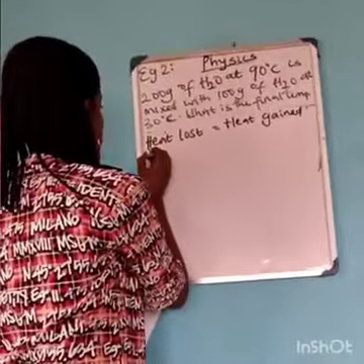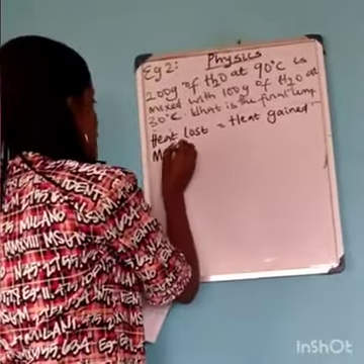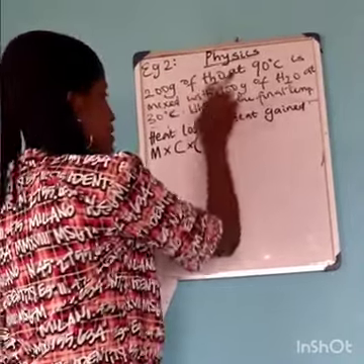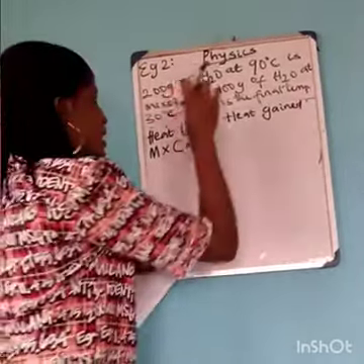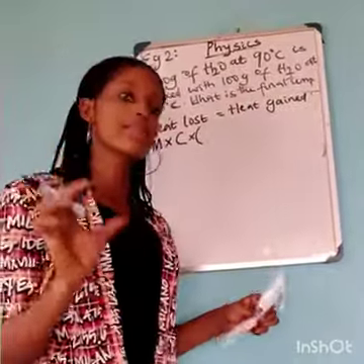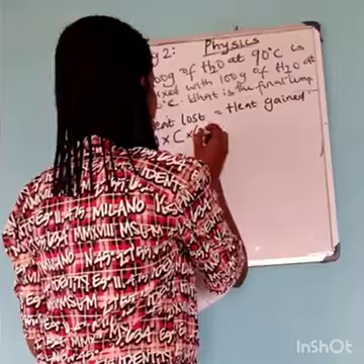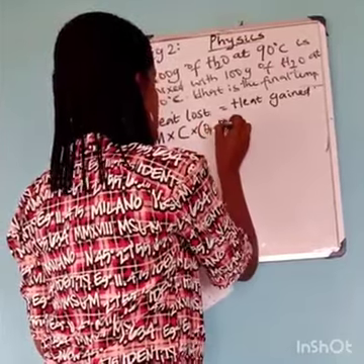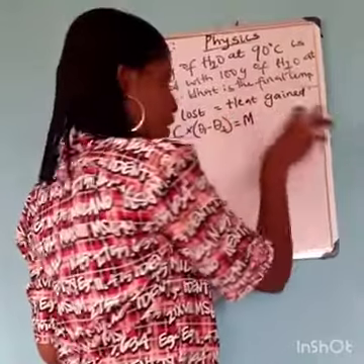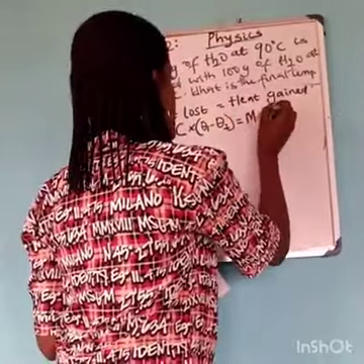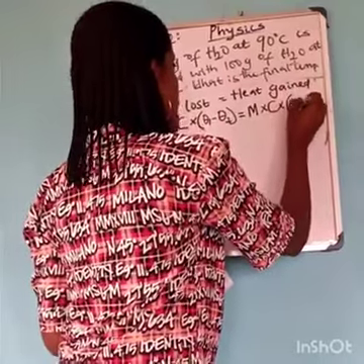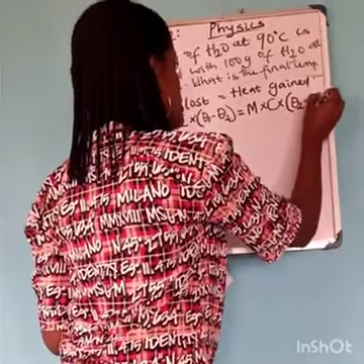Heat loss is the mass times specific heat capacity times, since it is losing heat, the initial temperature minus the final temperature, that is theta 1 minus theta 2, is equal to the mass of the one gaining heat times specific heat capacity times, since it's gaining, theta 2 minus theta 1.